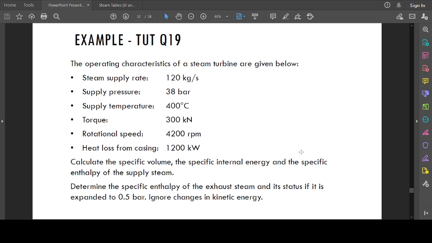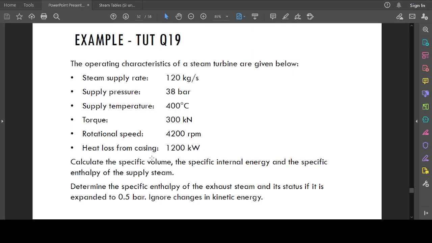Heat loss from the casing is 1200 kilowatt. Okay, it says calculate the specific volume, the specific enthalpy, internal energy, and the specific enthalpy of the supply steam. Then determine the specific enthalpy of the exhaust steam and its status if it is expanded to 0.5 bar. Ignore changes in kinetic energy.